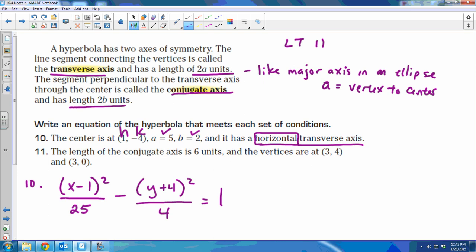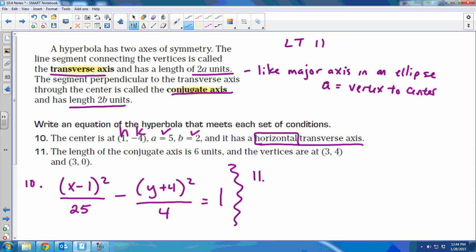Everyone know where those numbers came from and why we knew it was horizontal and why we put those numbers where we did? Yes? All right, for number 11 then, the second example. I know, that one was easy.